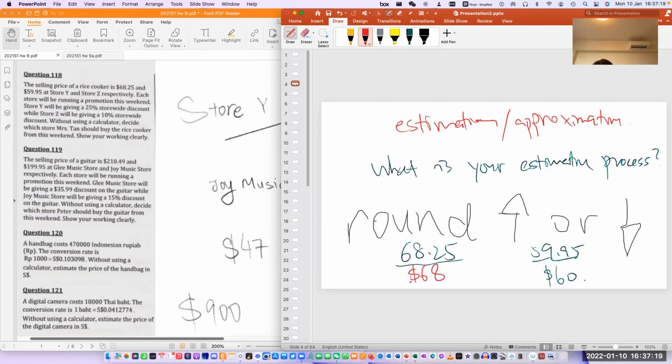To whole numbers, so based on this, 68, this is $60. Then what's your next thinking process to decide? This is store Y, this is store Z. So store Y offers a cheaper option.